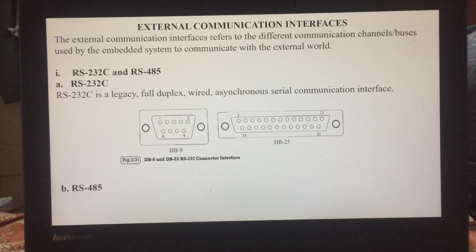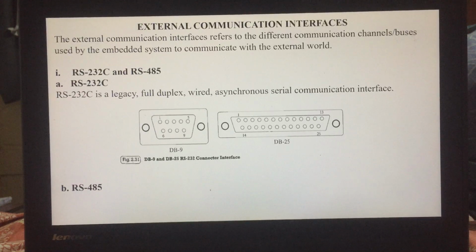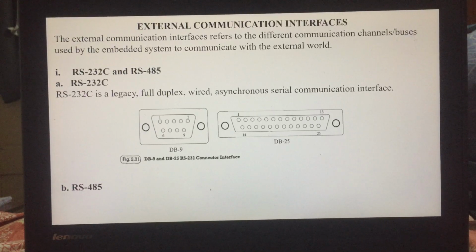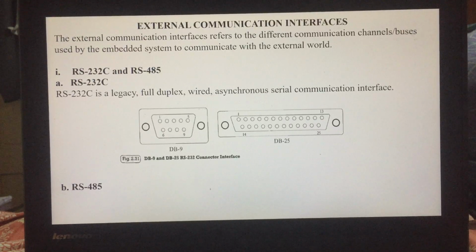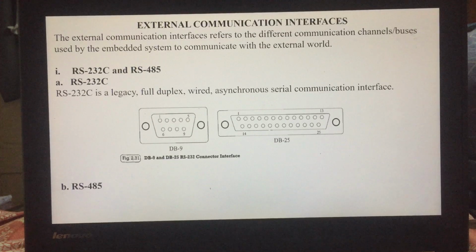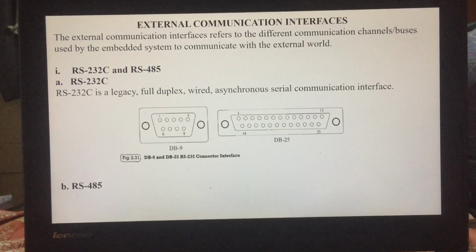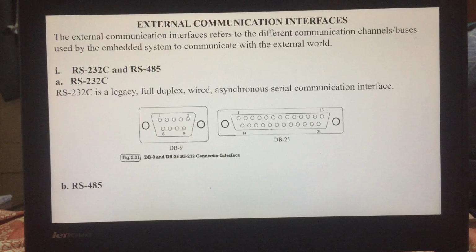The RXD pin of data communication equipment should be connected to the TXD pin of data terminal equipment and vice versa for proper data transmission. If no data flow control is required, only TXD and RXD signal lines and ground lines are required for data transmission and reception.